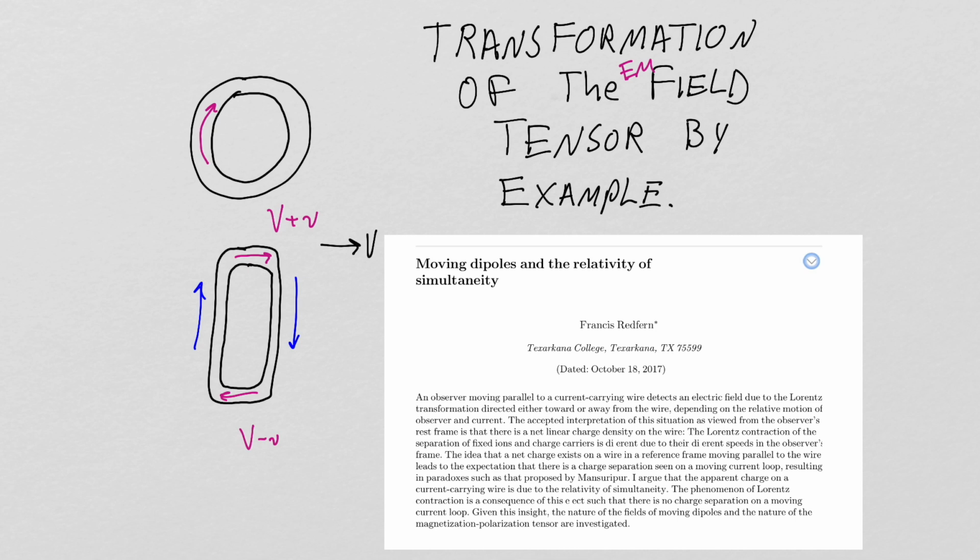But I'm extracting from this paper just his notion of moving dipoles, and we're going to talk about the transformation of the electromagnetic field tensor, and we're going to study moving dipoles. We don't literally do it the way he does in this paper, although it's extremely close, and believe me, there's no way I would have drawn through this without the guidance from the paper.